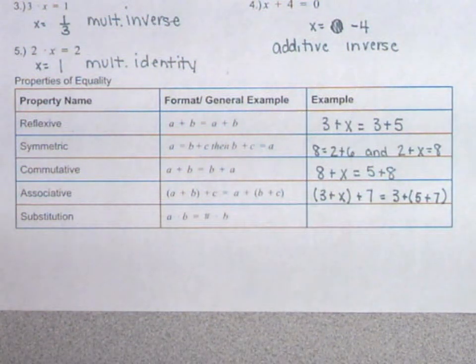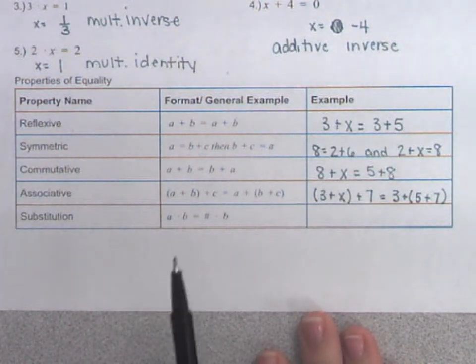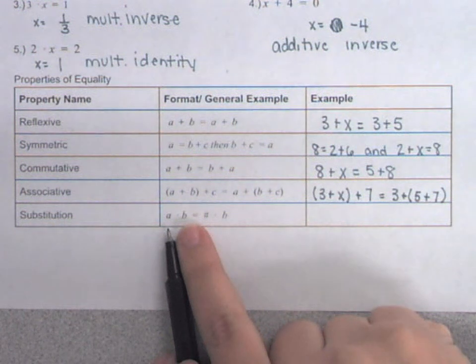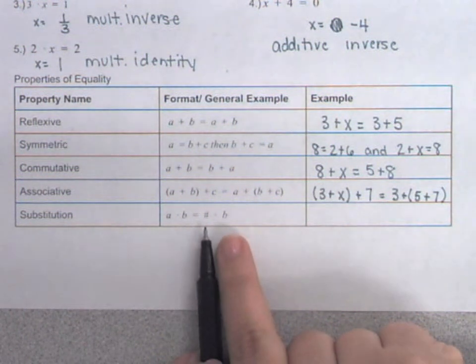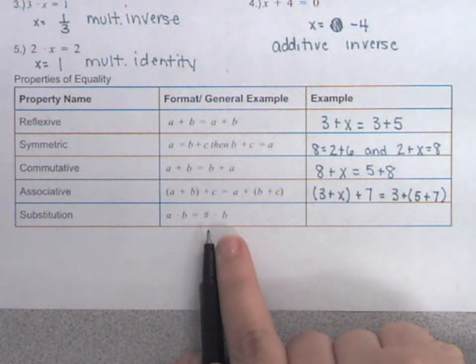The last one, we just used this in our last notes. It's the one you know the most, though sometimes we don't remember this word. Substitution. All substitution means is you had an equation, a times b equals, and instead of writing a again, you substitute in your number, to multiply times b.